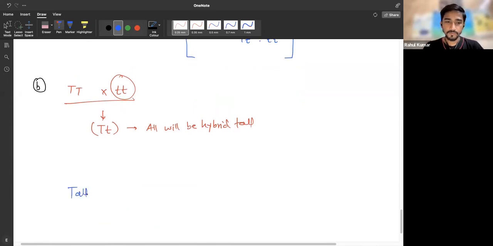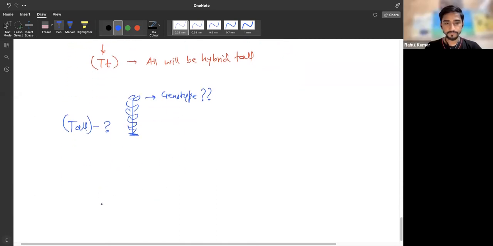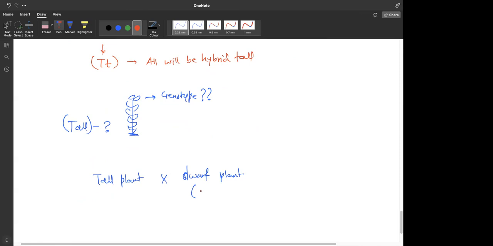I have to find out the genotype for this tall plant. There is a plant which is tall, but I do not know the genotype. If I cross a tall plant with a dwarf plant, you always know what the genotype of a dwarf plant is going to be: small t, small t.